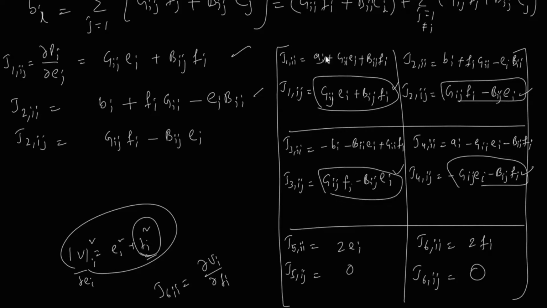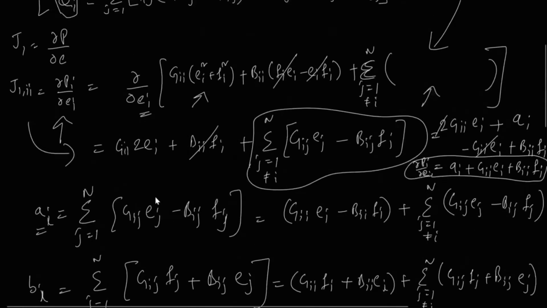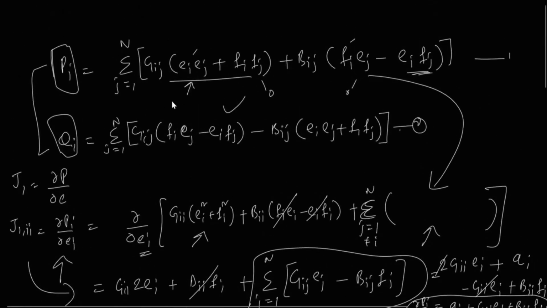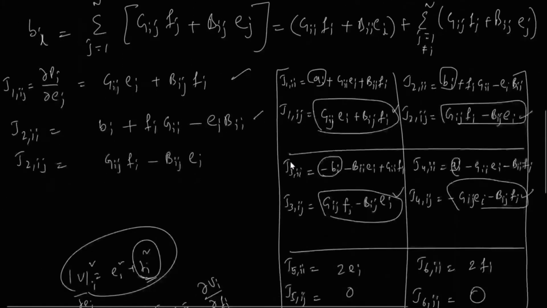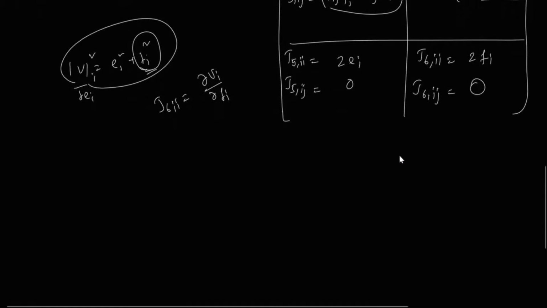Only thing is, if I have this AIs and BIs at all the buses, the current injections, then it is very easy to calculate and substitute this entire Jacobian matrix quickly. So this is about the Jacobian formation.